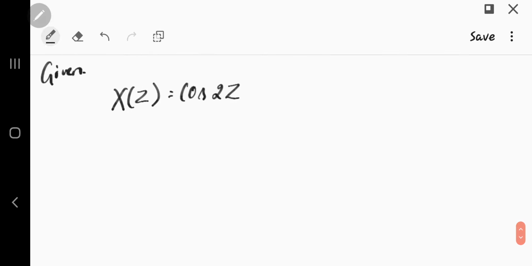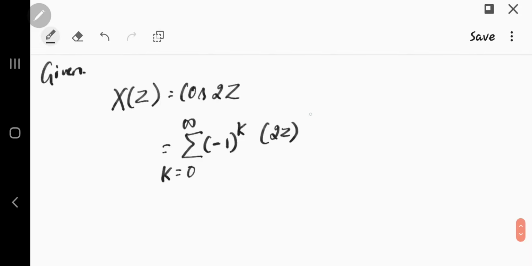So therefore we can express this as summation k is equal to 0 to infinity of minus 1 to the power of k, and now in place of theta we have 2z, so 2z to the power of 2k divided by 2k factorial.